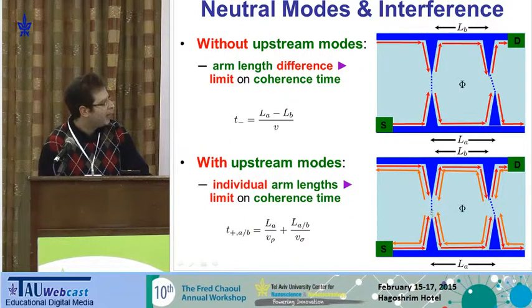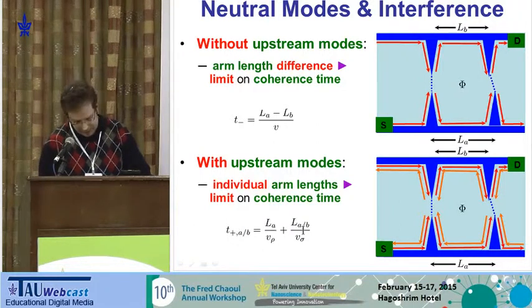And for them, the time difference is the time it takes the charge to go this way, and the time it takes the neutral excitation to go back here or to go back here. So it depends on the sum of the lengths of the two arms, not just on the difference. So even if we make the two lengths equal, which is what they try to do in the experiment, this could be quite sizable, and this could limit the coherence.